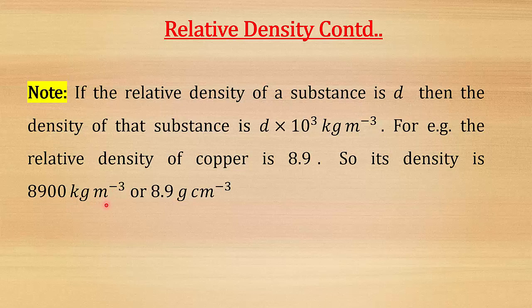We know that density of water is 1 into 10 raised to 3 kg per meter cube. If relative density of a substance is D, then we can write density as D into 10 raised to 3 kg per meter cube. If relative density of copper is 8.9, then it is multiplied by 10 raised to 3 because that is the density of water.